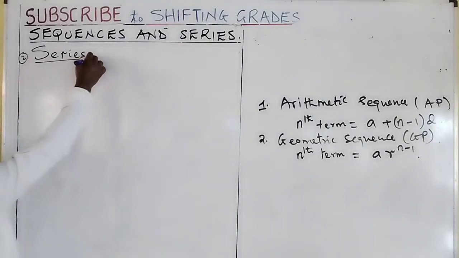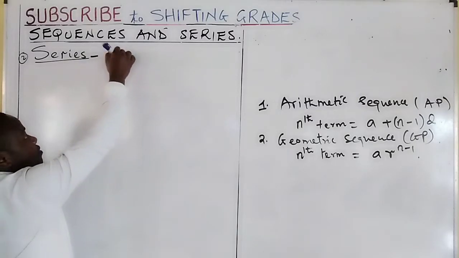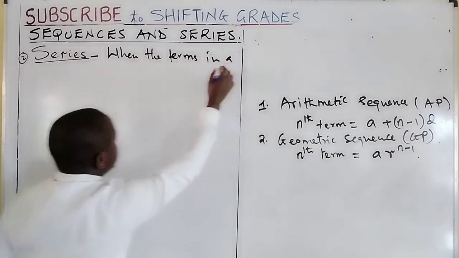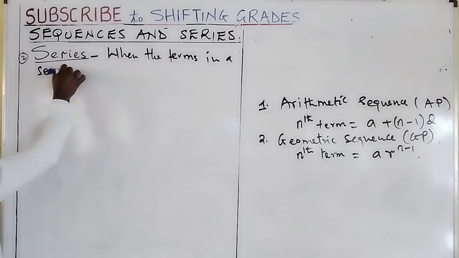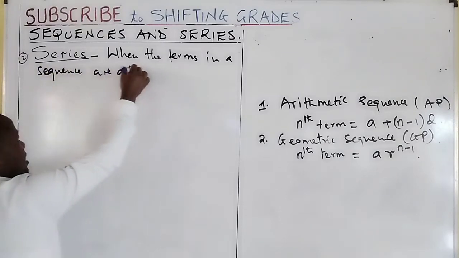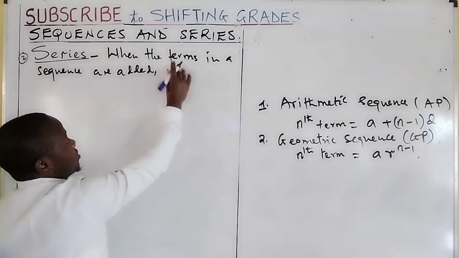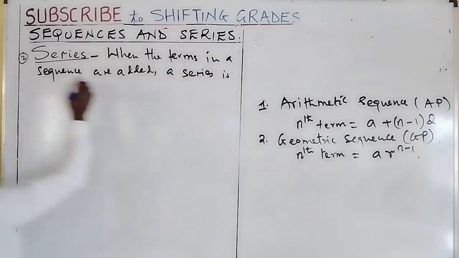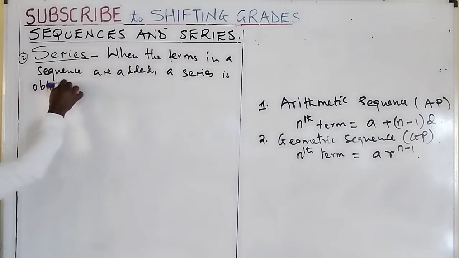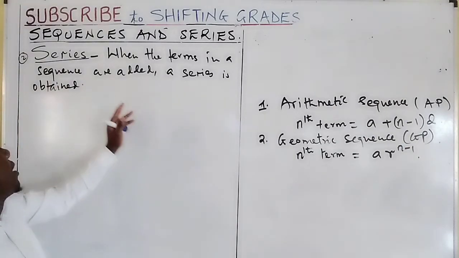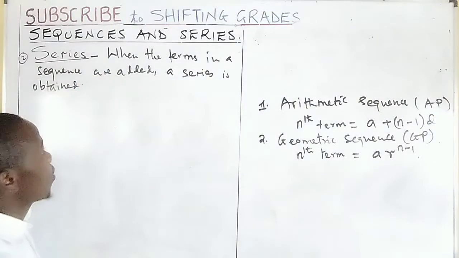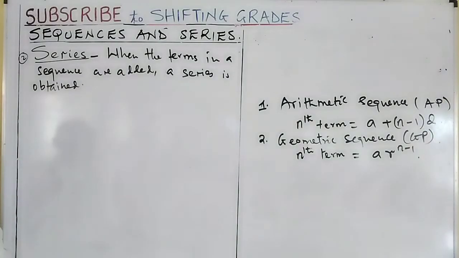We say when the terms in a sequence are added, then a series is obtained. Therefore, a series is when from the first term to a given last term, they are added.